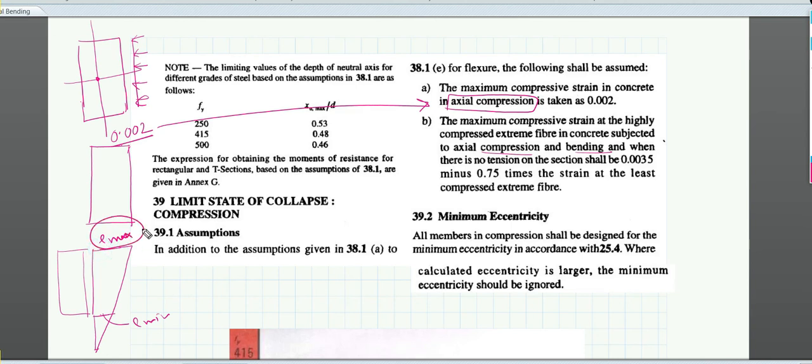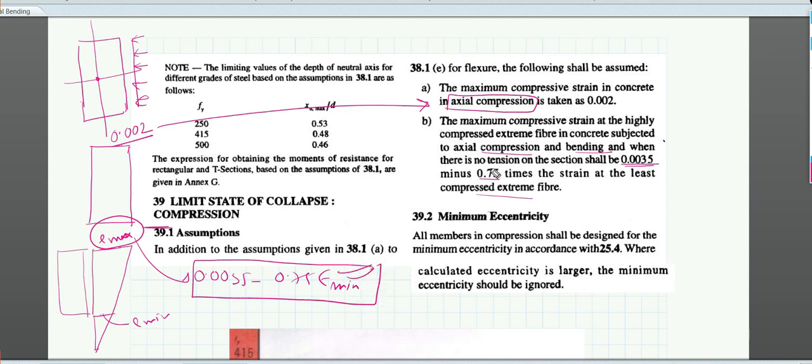And what is the epsilon maximum value? This is mentioned, it should be 0.0035 minus 0.75 times the strain at the least compressed extreme fiber. Remember, I told you that it is 0.0035 minus 0.75 of epsilon minimum. Okay, clear? So these are taken from these two clauses.